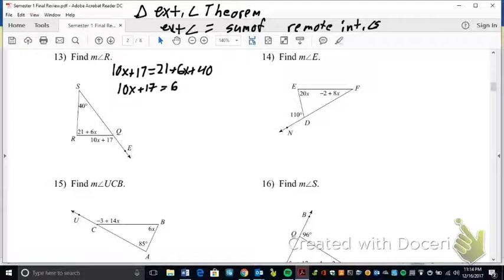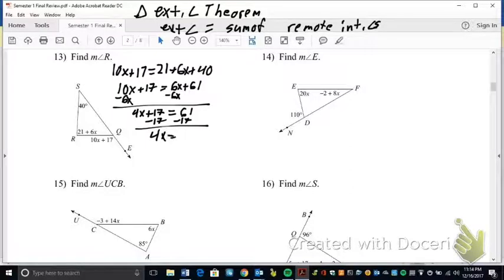We're going to combine like terms. We're going to get 10x plus 17 equals 6x plus 61. Subtract 6x, put our x's together, 4x plus 17 equals 61. Subtract 17 from both sides, 4x equals 44. Divide by 4, and we get x equals 11.